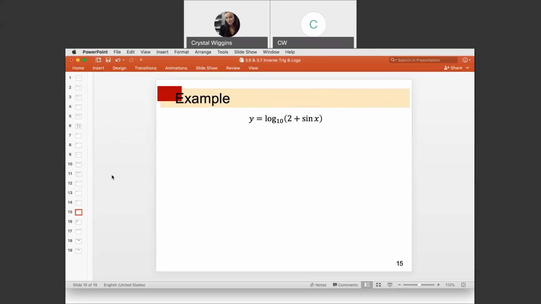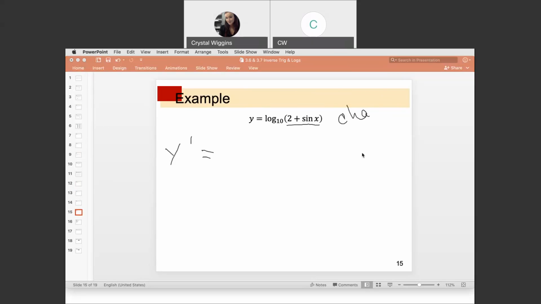The next example is log base 10, which again, I didn't actually need to emphasize the base 10. This could actually be written without a number here, and I'd still know it was base 10. But for the purposes of just learning, I put it in there. Now, I'm going to take the derivative, and I notice that this has something other than x inside.